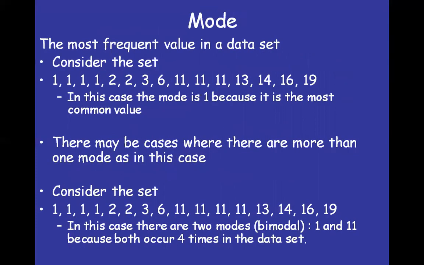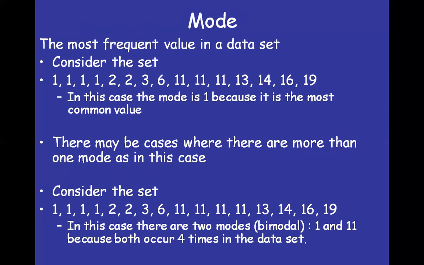What is mode? Mode is a frequency actually. It is the most frequent value in a data set. Considering the set 1, 1, 1, 1, 2, 2, 3, 6, 11, 11, 11, 13, 14, 16, 19, in this case the mode is 1 because it is the most common value. There may be cases where there is more than one mode.